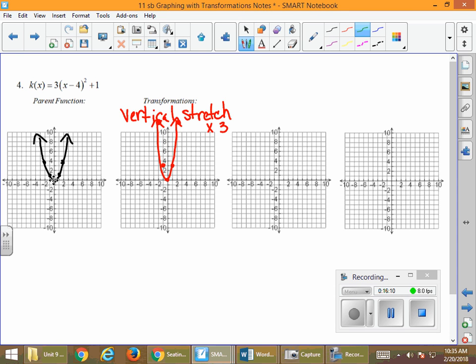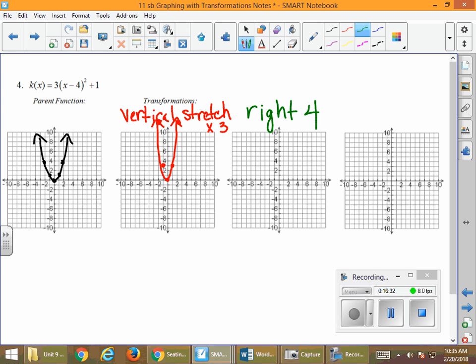Second transformation. -4 inside the function. Which direction do we move, right or left? And hopefully you're saying right. Because it's inside the function, we're going the opposite direction of what we think we're going to do.